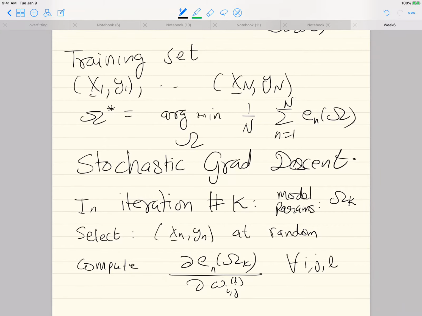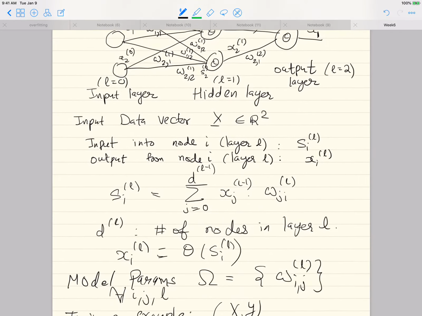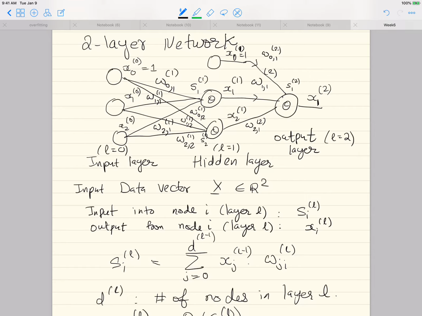So I take one input example, get the output value, compute the loss for this particular output, and then take the derivative of that with respect to the first weight, the second weight on this edge, and so on. For all the 9 weights, I'm computing these partial derivatives. I'm not going to tell you how to compute it as of yet. We'll see how to do it.